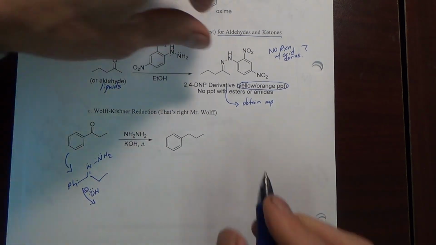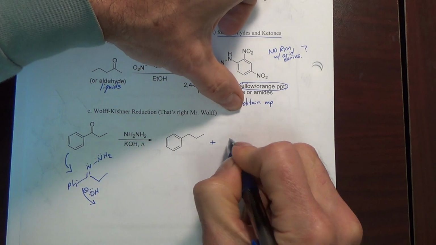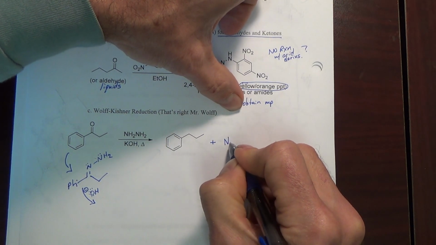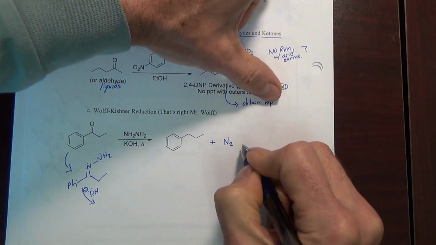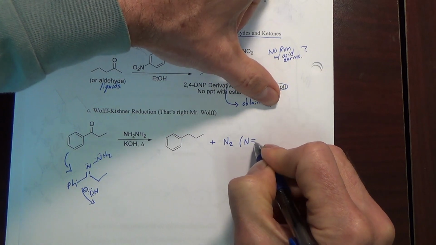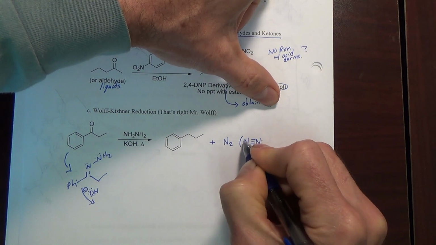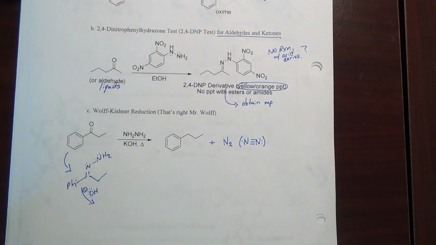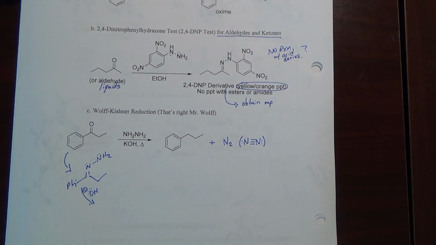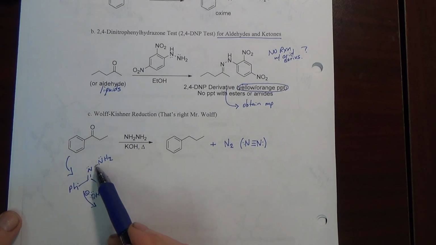I will also tell you this reaction forms nitrogen gas. Structure, of course, N triple bond N. Thus, we want to get triple bonds between the nitrogens.